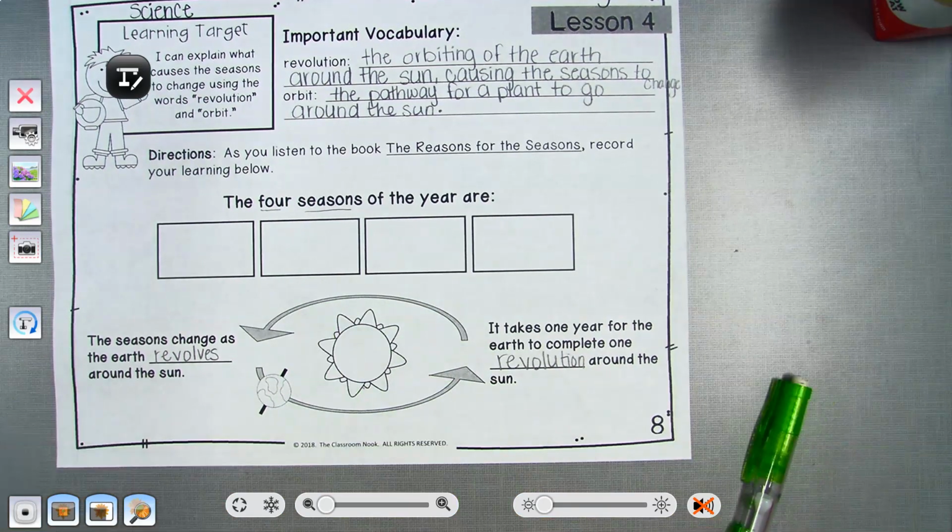So think about that. 365 days. A lot of us may think that the earth goes around the sun in 1 day. So no, it takes 1 year for the earth to completely go around the sun. So it takes 1 year for the earth to complete 1 revolution around the sun.